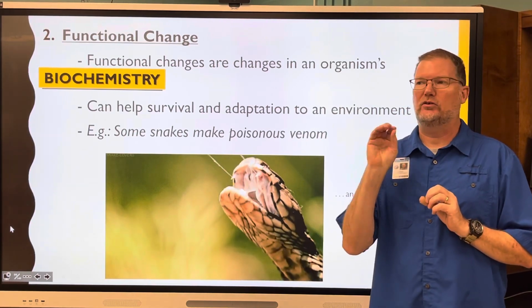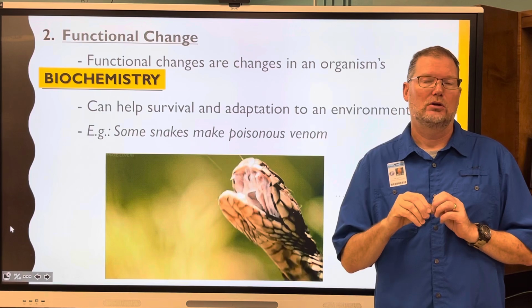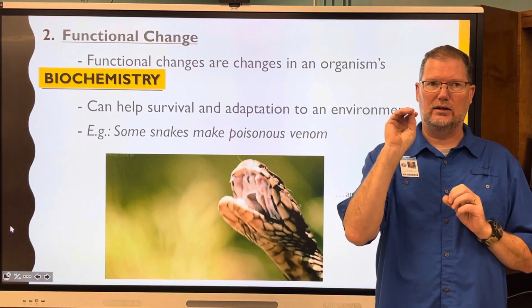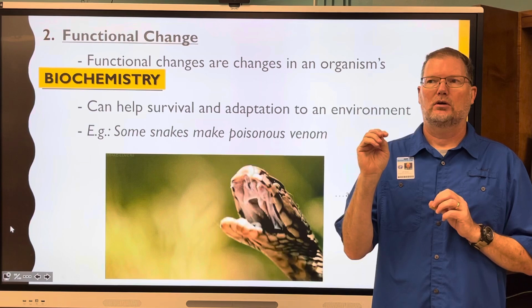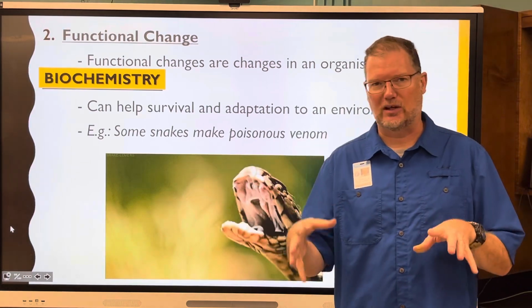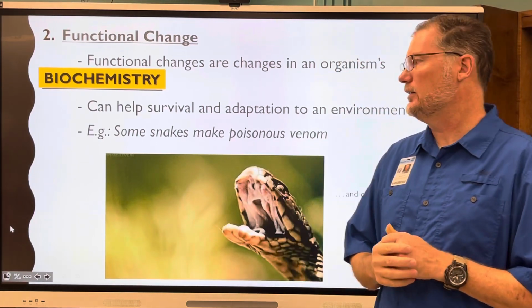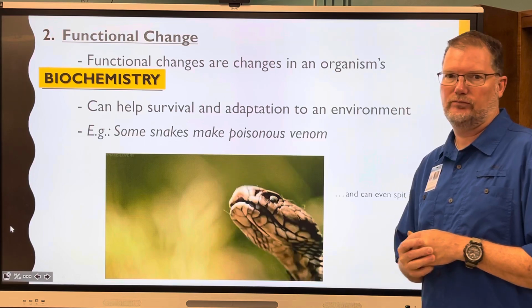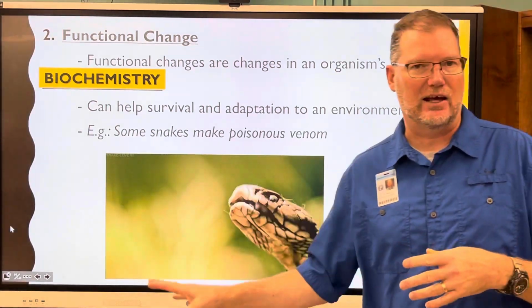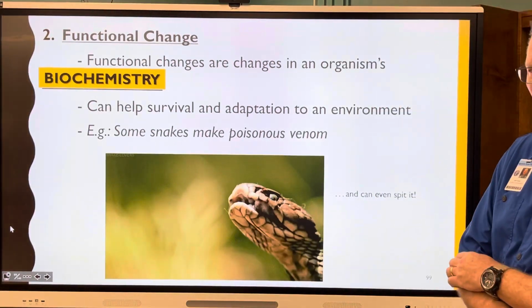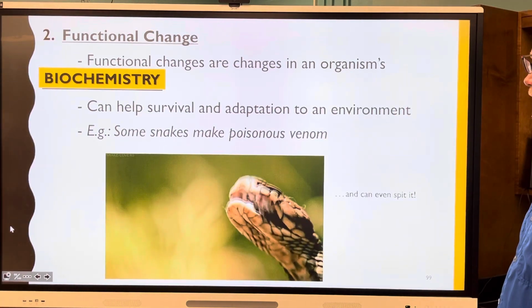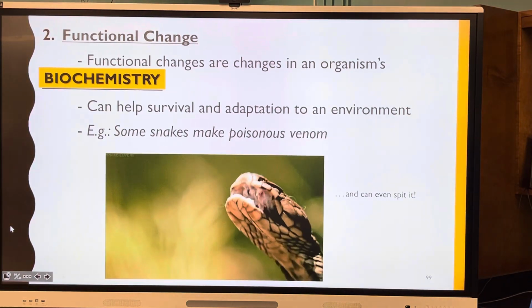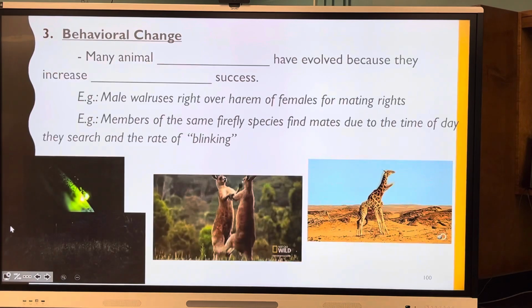They would use the spit for protection, because they would shoot it in a person's eyes or a deer or something that was going to step on it, and that would blind the animal so that they could get away. Seems kind of overkill, but some serious biochemistry there. Spitting cobra.